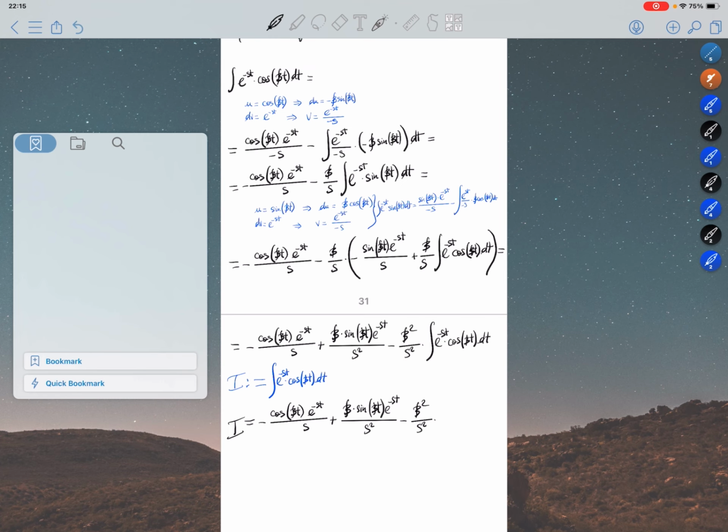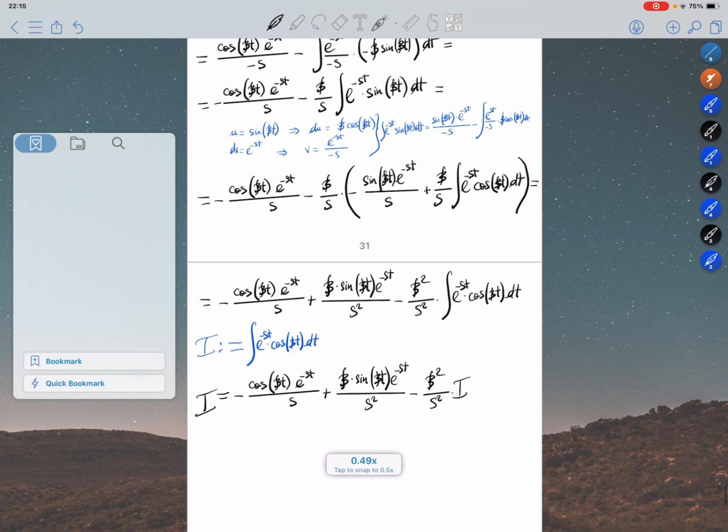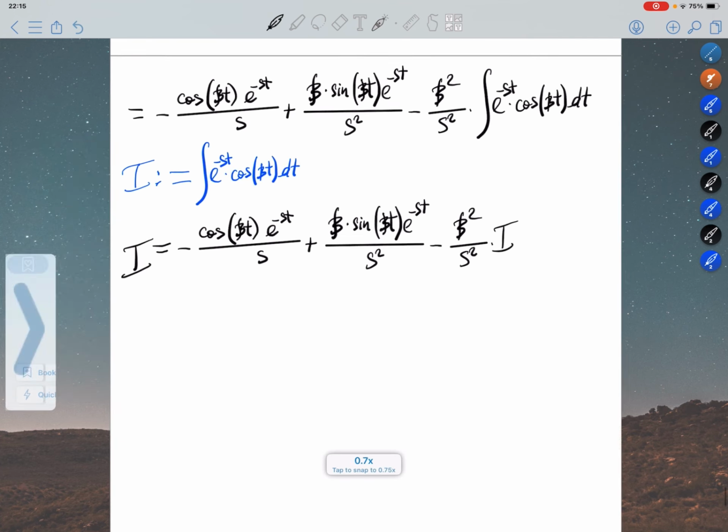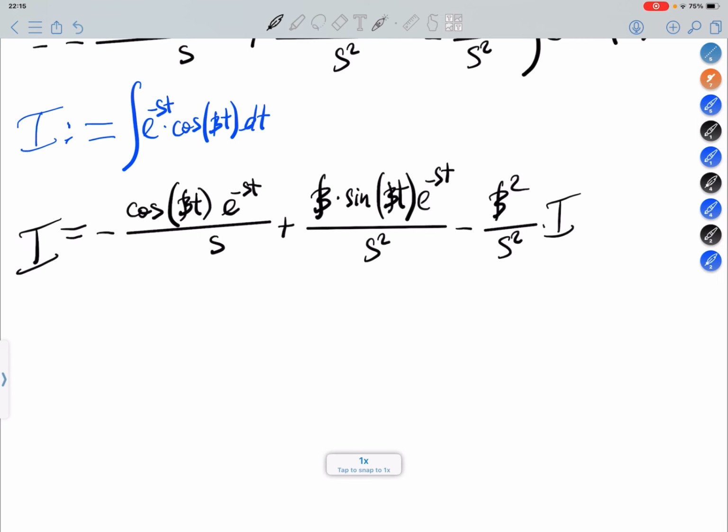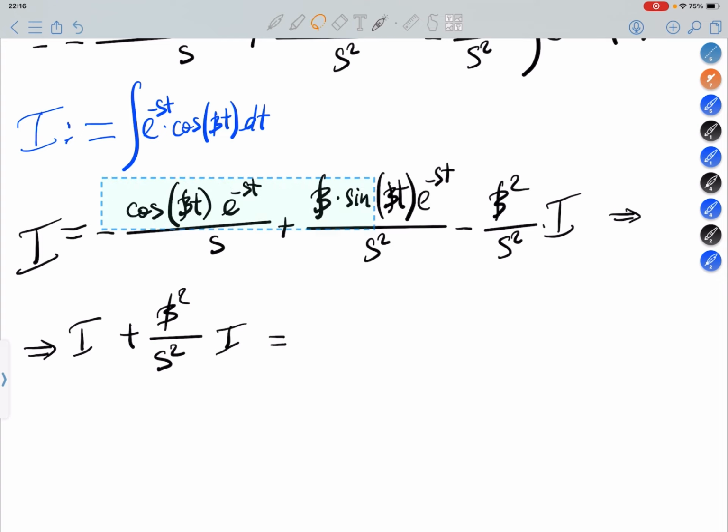Now we need to make I the subject of this formula, and that would give us the integration that we want to find. So this implies that I plus beta square over s square I is equal to this here.